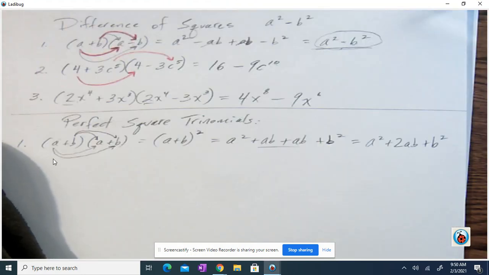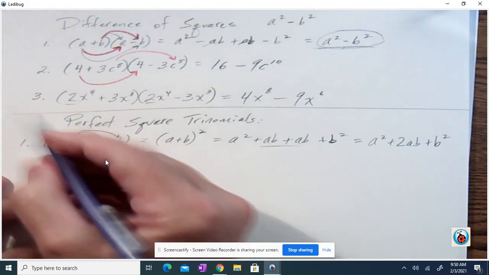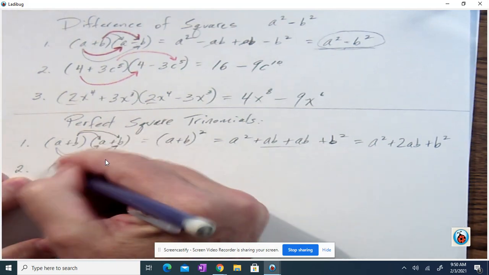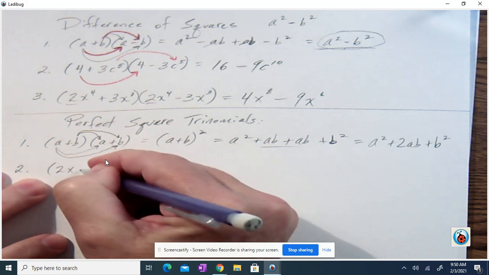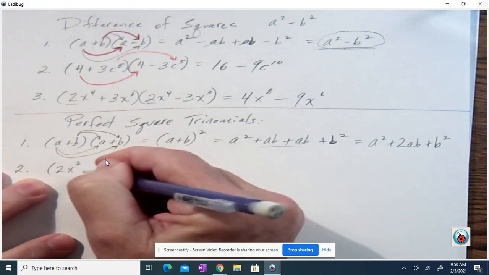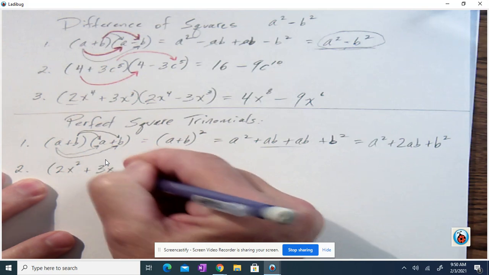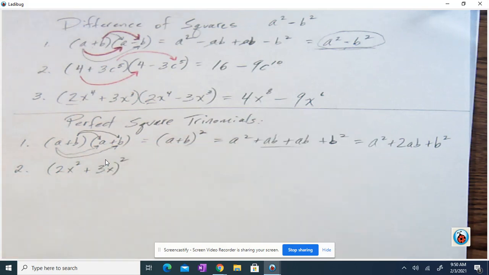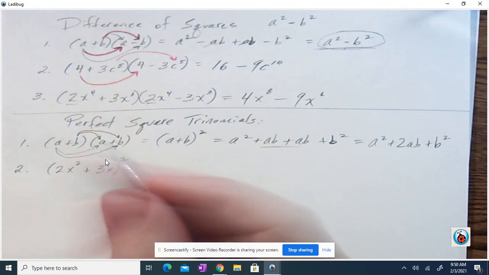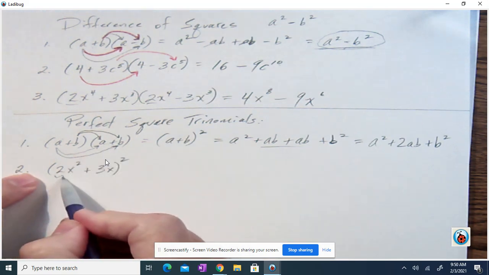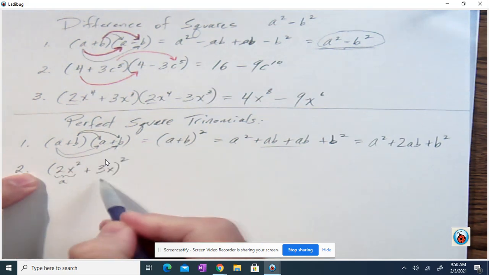So the shortcut would be, if you have something like, I'll just make something up here, let's say you have 2x squared plus 3x, and you want to square that. Well, this is your a, and this is your b.